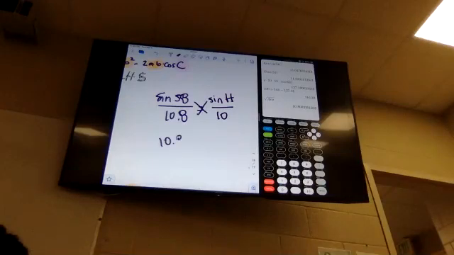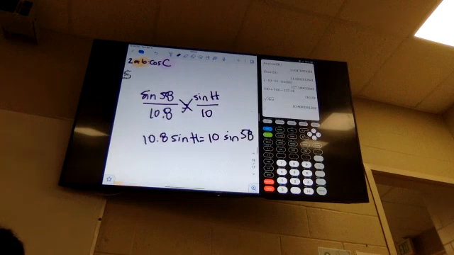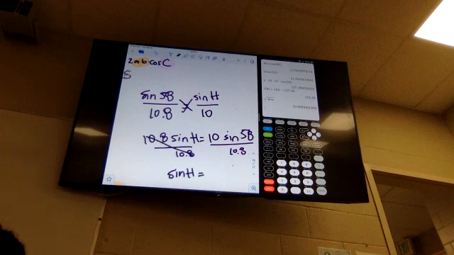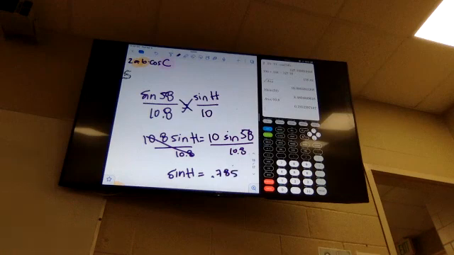I get 10.8 sine of H equals 10 sine 58. I can divide by 10.8. Sine of H equals 10 sine 58 divided by 10.8, which is 0.785.